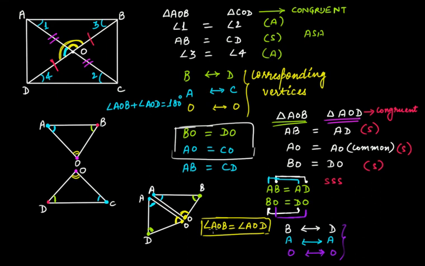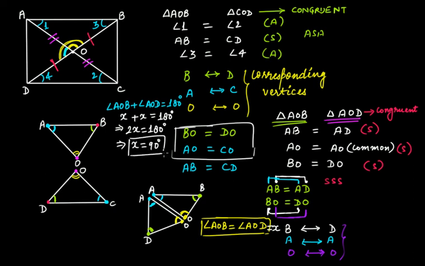Now, since angle AOB is equal to angle AOD, let's suppose that both are equal to x. So x plus x is equal to 180 degrees. From here you get 2x is equal to 180 degrees, and from here you get x is equal to 90 degrees.